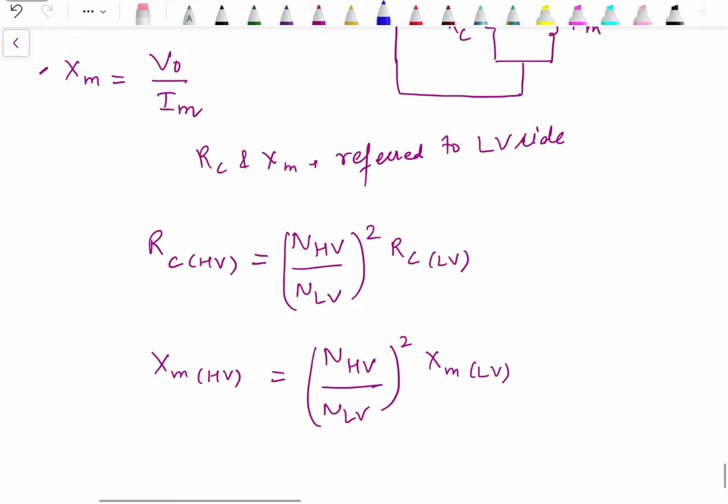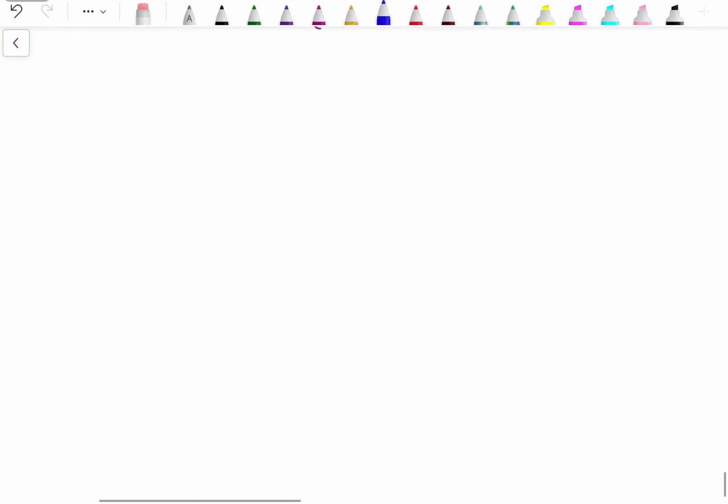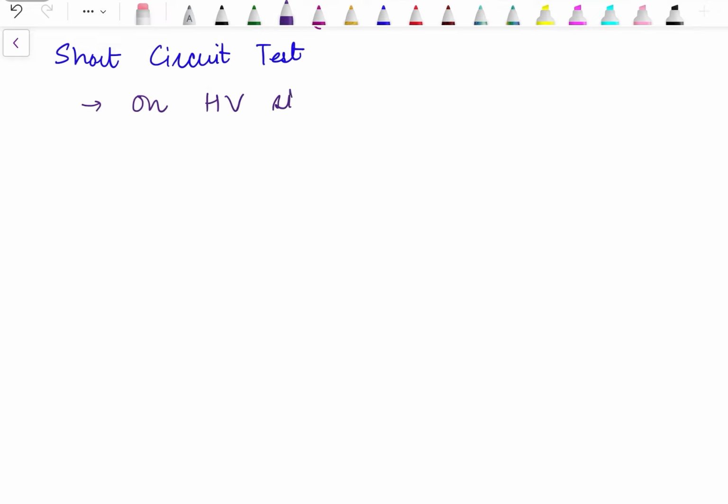Now let's move on to the short circuit test. The short circuit test is performed on the high voltage side, at rated current and rated frequency.